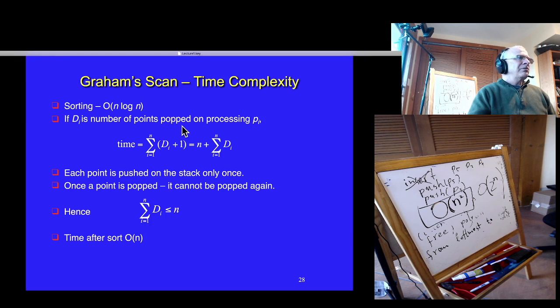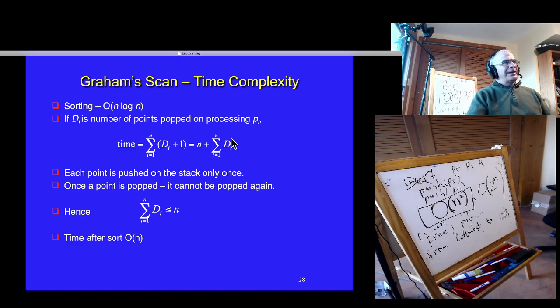So the overall running time that we did here, slightly more informally: sorting takes n log n. Let d_i be the number of points popped when we are processing p_i.